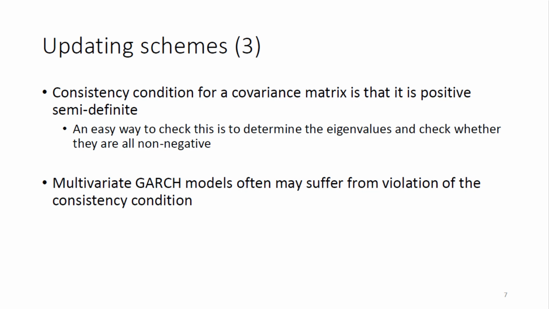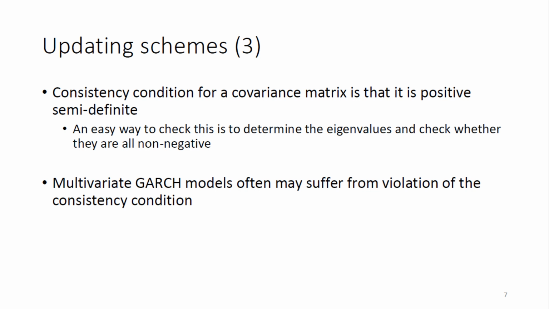scenarios with these matrices. And that's also why it's a more tedious task to do the multivariate GARCH models. So where you say, I want the covariance matrix to be modeled using GARCH specifications, very often this consistency condition, where the resulting covariance matrix that I have determined with the GARCH model needs to be positive semi-definite, is violated.